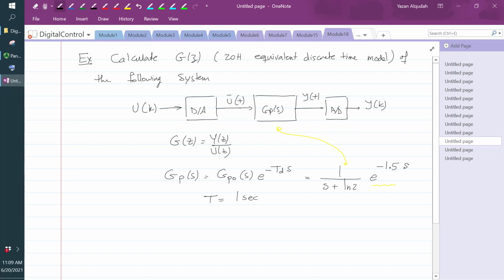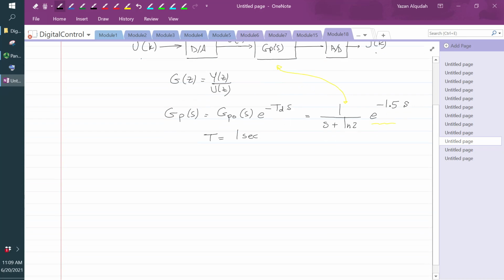And what we want to calculate is g of z that relates y of k to u of k. And to do that, we're going to take the delay and express it as k multiplied by t plus delta multiplied by t. This is integer, this is fraction.